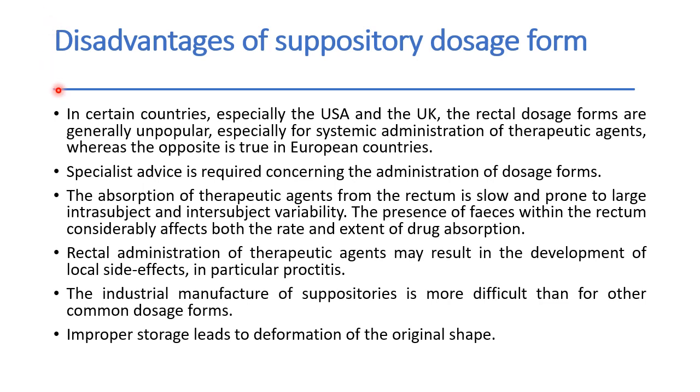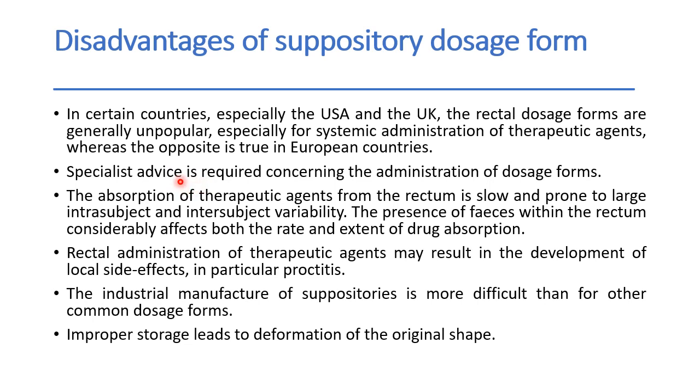Although suppository dosage form provides a number of advantages, there are still a number of disadvantages. These include, number one, unpopularity, especially in countries like America and the UK. The use of rectal dosage form for systemic administration is not common. However, in Europe, the opposite is true.